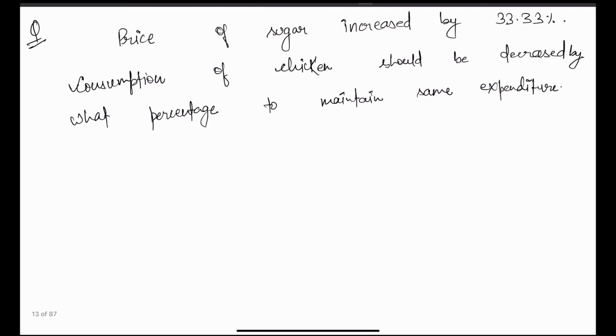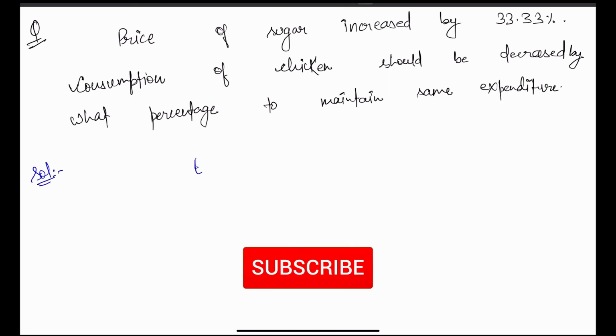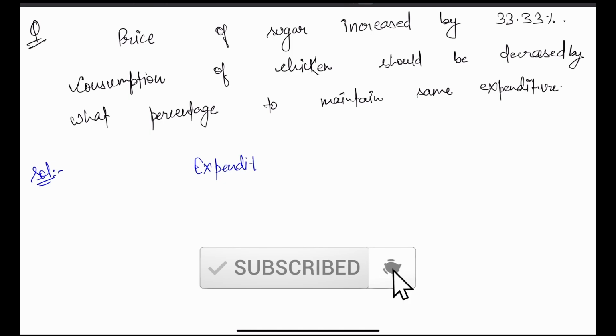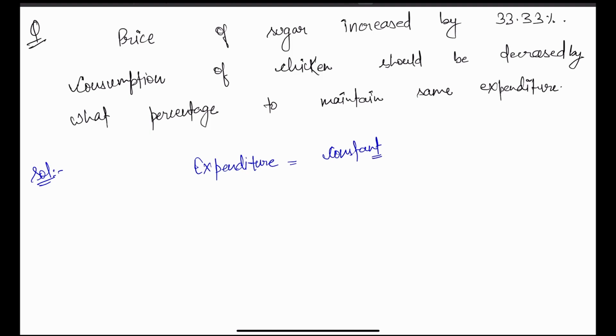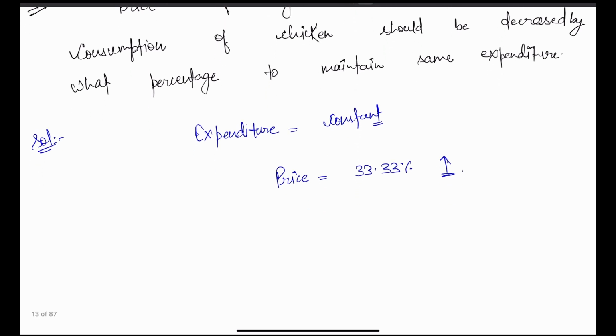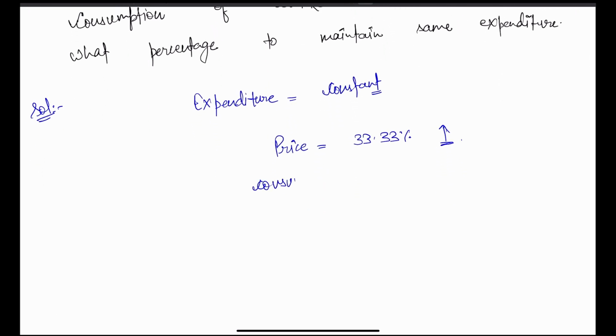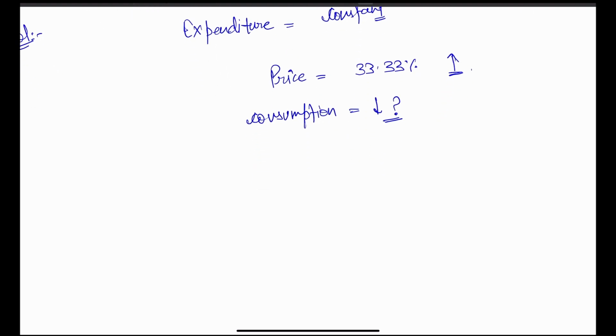So the solution should be, if the expenditure is constant. First of all, I'm writing all the details which have been already given to me by the question. Then I may start solving. The price is increased by 33.33%. This is an increase. The question is asking how much the consumption should be decreased by, in percent. Again it is the same: E is constant, equal to P into C. If P increases, C should decrease.